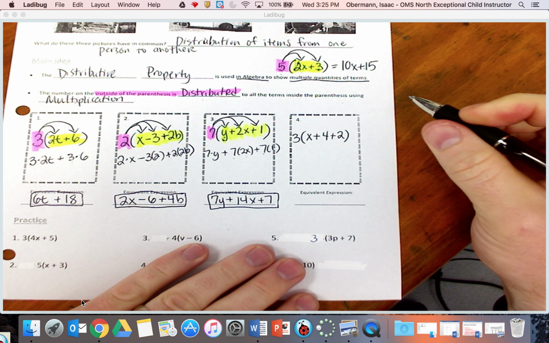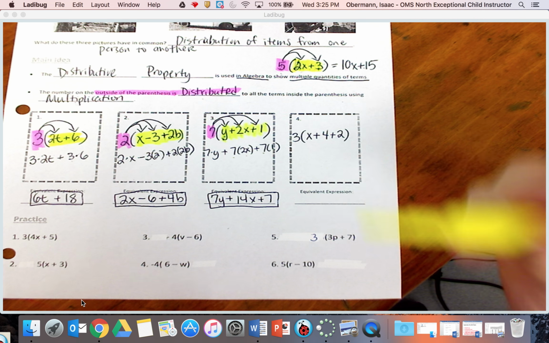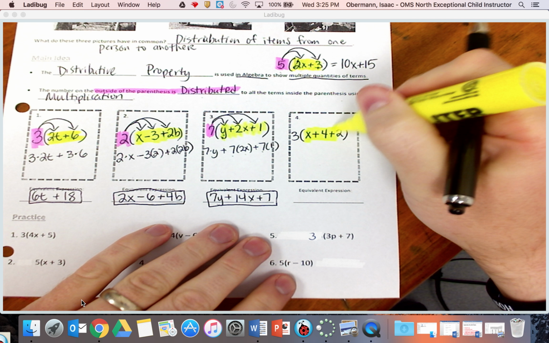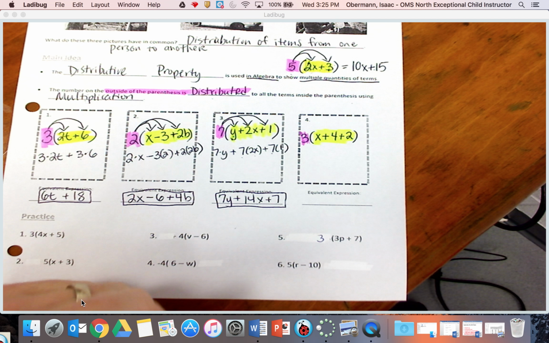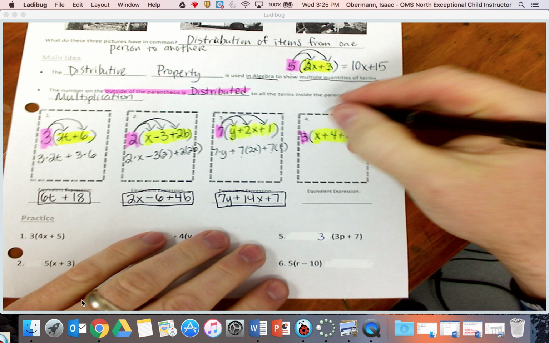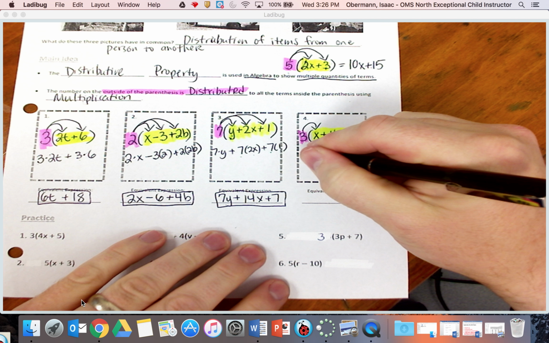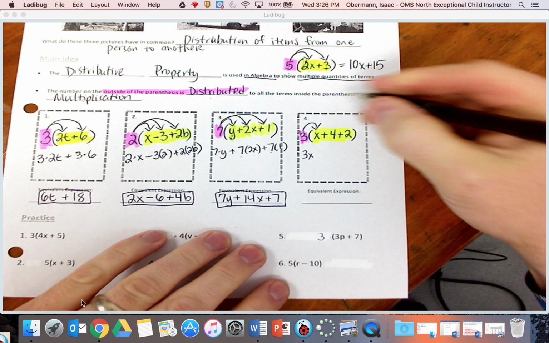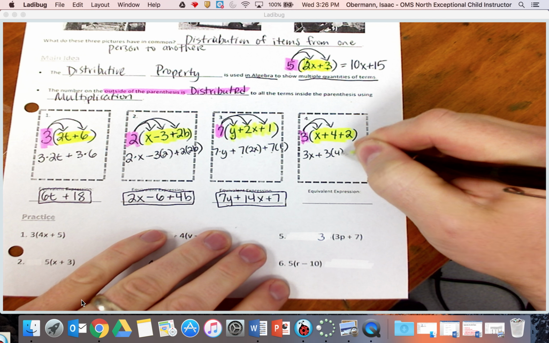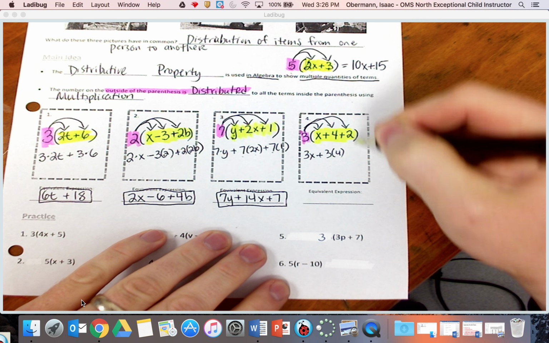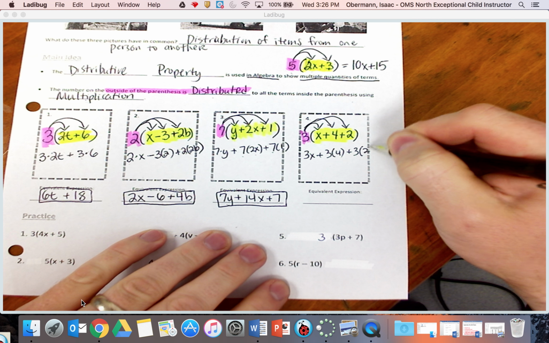What I'm going to do here is take the 3 and multiply it by each term to see what we have. So the 3 goes to the x, it gives me 3x. The 3 goes to the 4, that gives me 3 times 4. And then the 3 goes to the 2, which is 3 times 2.